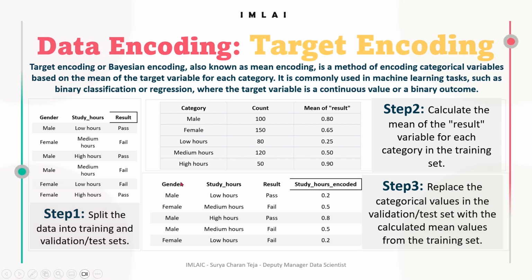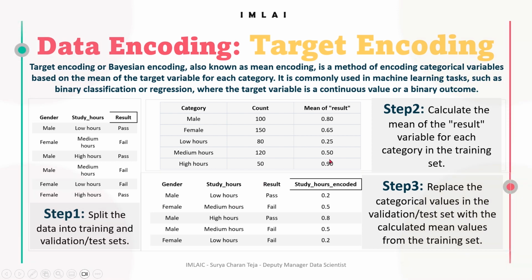Now let's take gender, and study hours. For study hours encoded, low hours is 0.25, medium hours is 0.50, high hours is 0.90. Now I'm going to replace these categories with the mean of the result variable for the respective categories in the validation or test set.